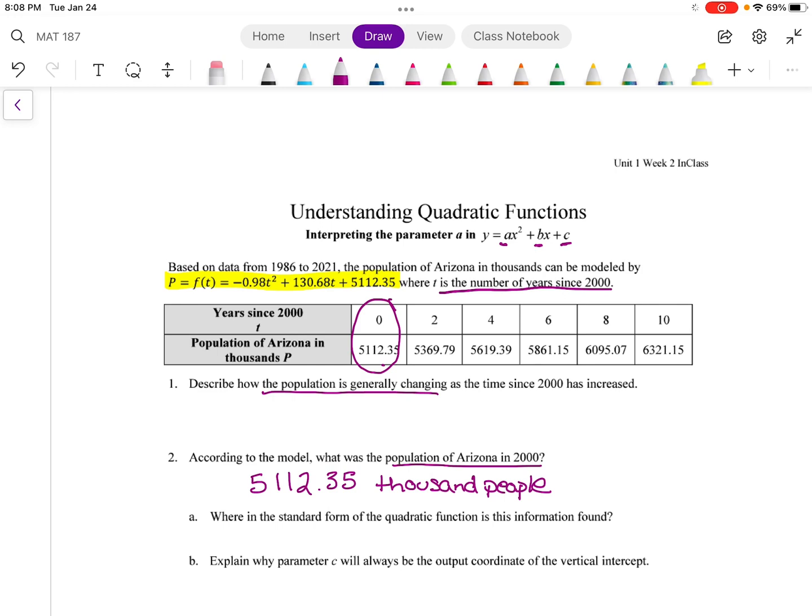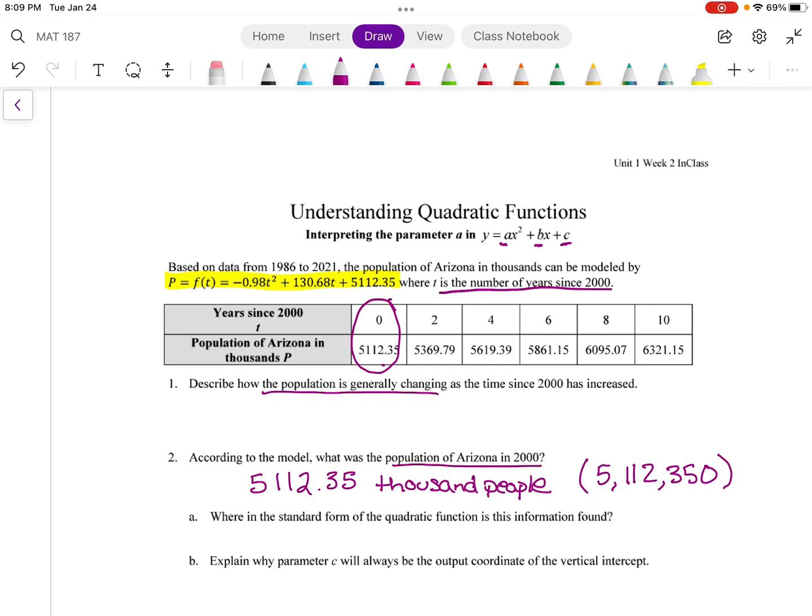Or I could think of it as 5 million, so as a number that would be 5,112,350 people. That would be the number written out.